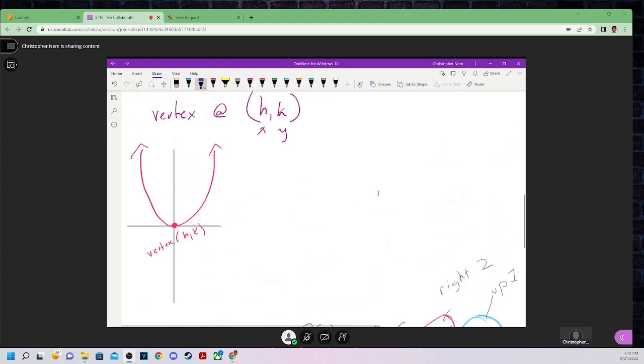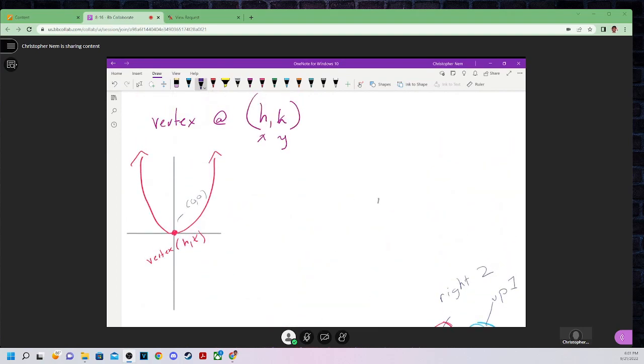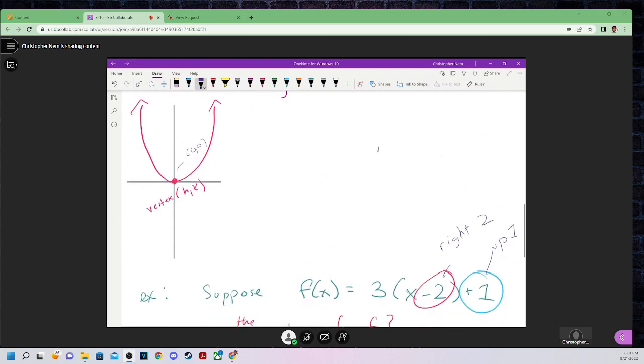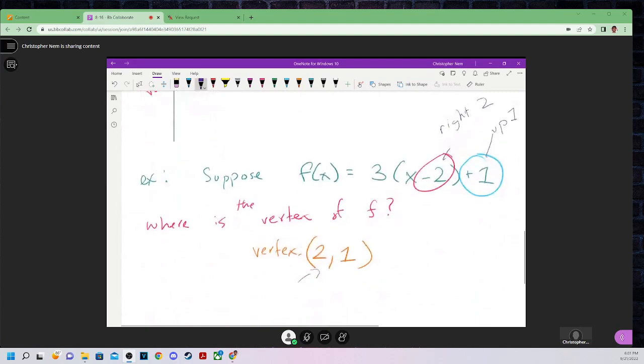If I move that vertex right 2 and up 1, I would literally have this vertex. So transformations do have a relationship with the vertex of a quadratic, and that's going to be very important.